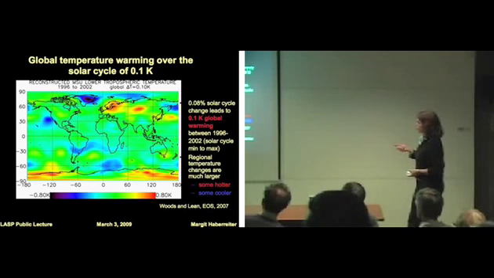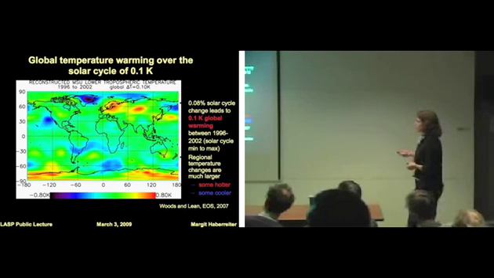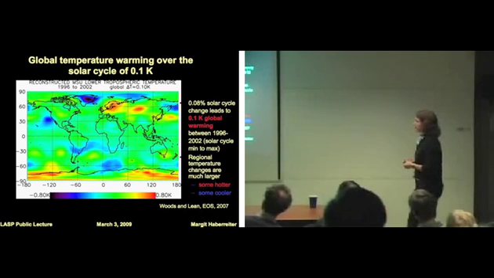What I would like to point out here is that the differences between the two model runs are local warming effects, some of them pretty pronounced in the Antarctic, and then local cooling effects. But the average global warming is 0.1 Kelvin over the solar cycle. So this might indicate that solar forcing can be a driver to a certain extent of the global warming.